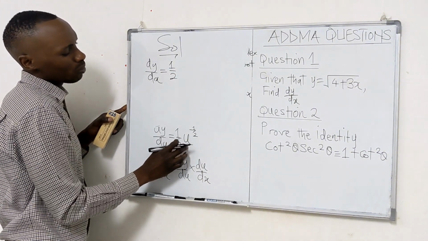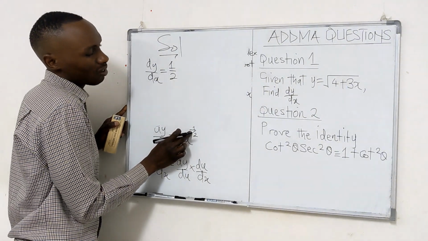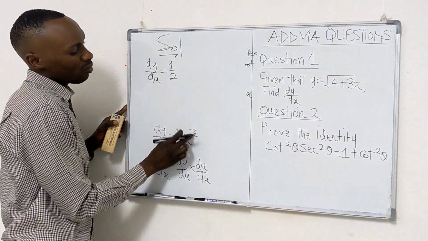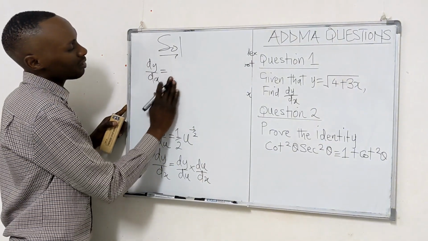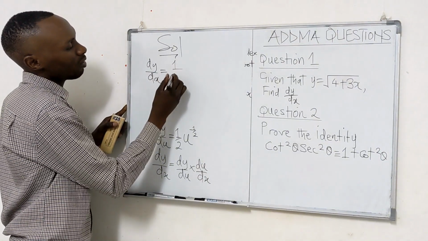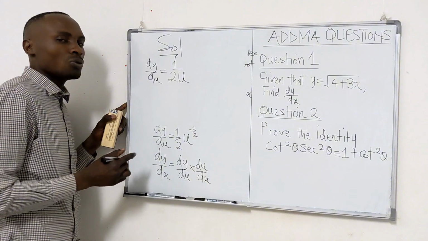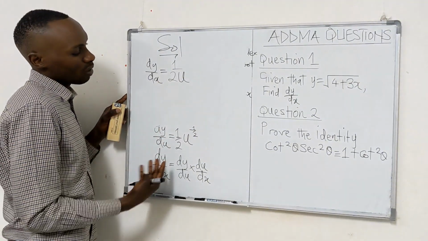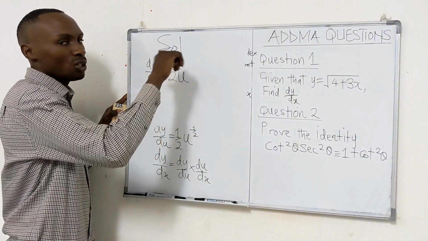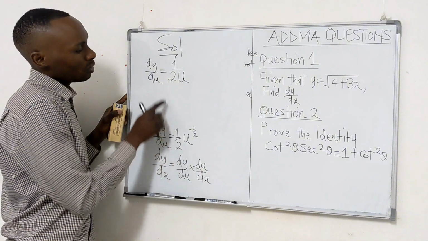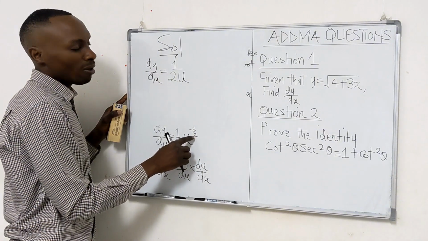Now, this u to the power negative 1 over 2 is the same as writing 1 over 2 u, so u will be below. Okay, u will go down because of the negative. To get rid of the negative, you drop u, so it will multiply with 2 and have power half.